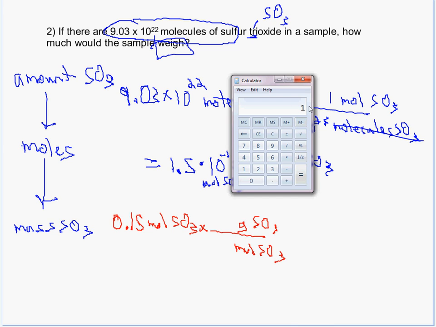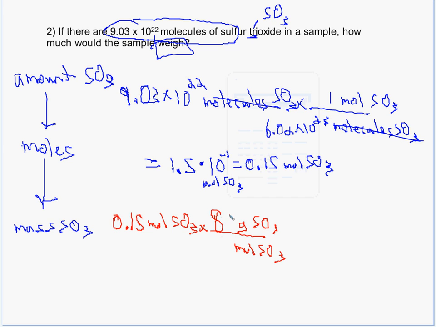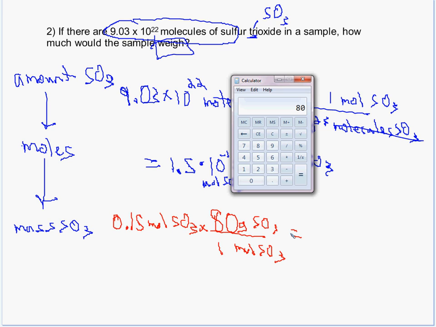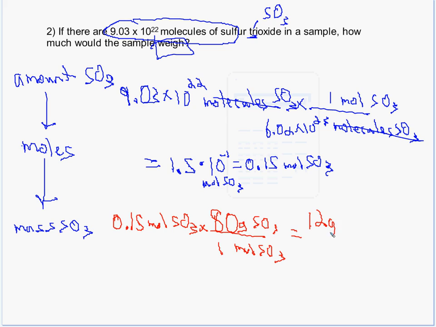Oxygen is 16 times 3 of them, so that's 48, plus sulfur, which is 32, so that's a molar mass of 80. So 80 grams for 1 mole. And then 0.15 times 80 gives me 12. So there are 12 grams of sulfur trioxide. It doesn't weigh a whole lot, but there's a lot of molecules because molecules are very tiny.